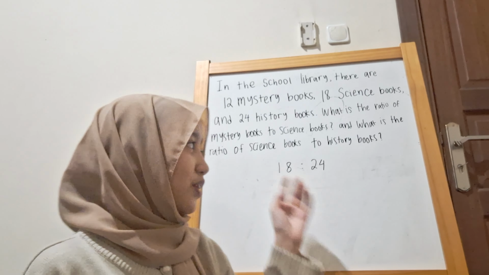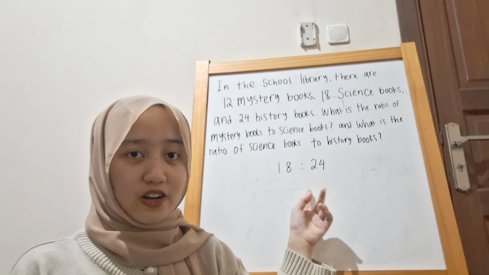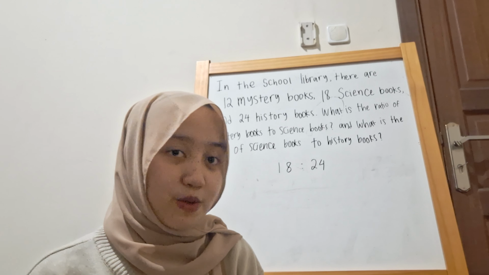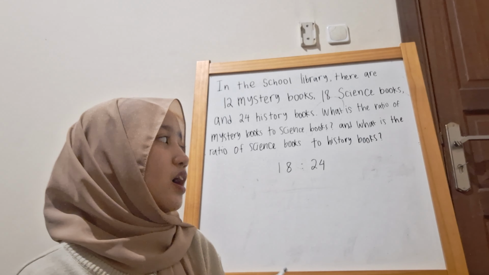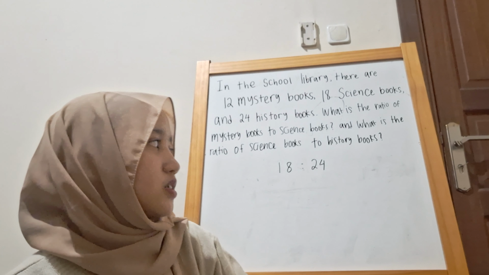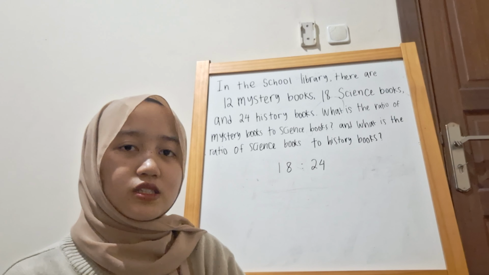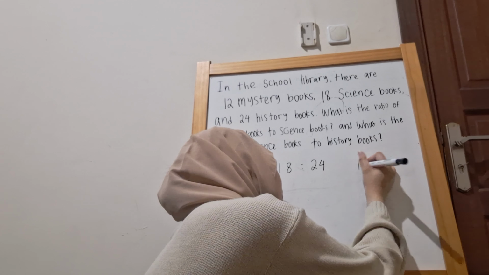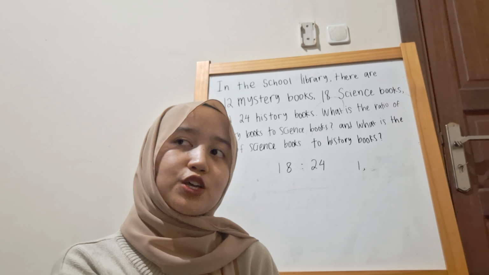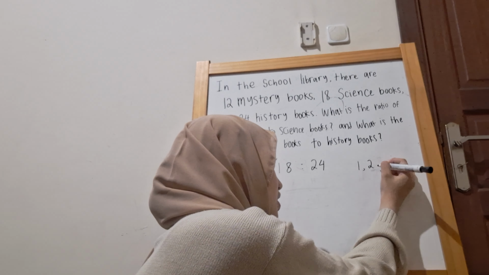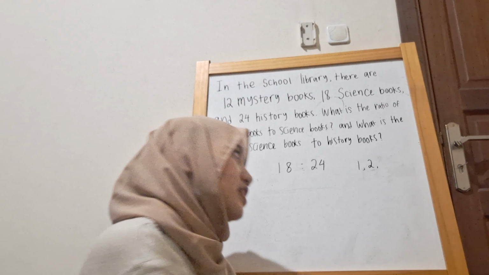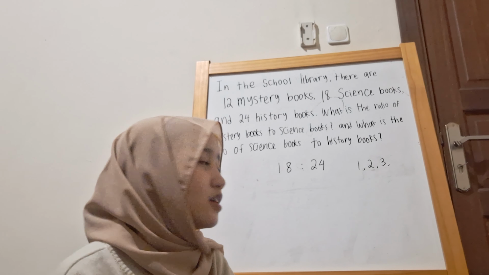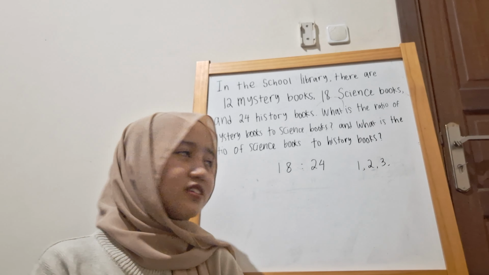Okay, everyone, we have 18 to 24 as the starting ratio. We're going to do the same way as before, as problem 1. We're going to find the greatest common factor. So what numbers can divide both of them? 1, yes, 1 is correct. And then what's next? 2, yes, 2 is also correct. 3, yes, 3 is a factor of them. 4, are you sure 4 is their factor?